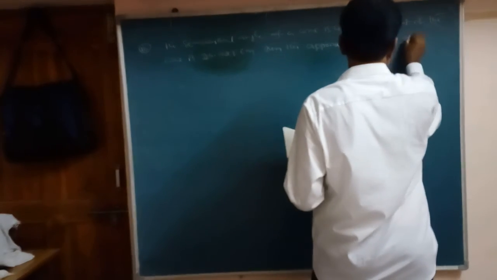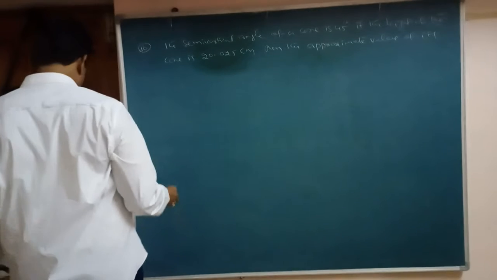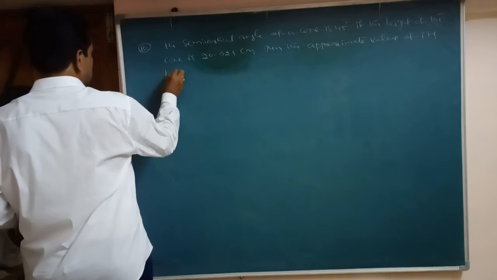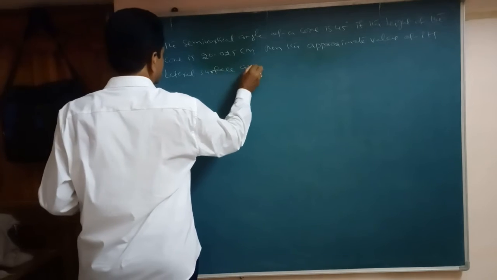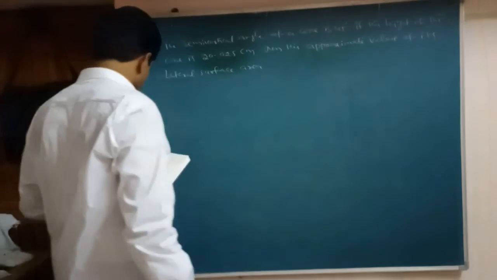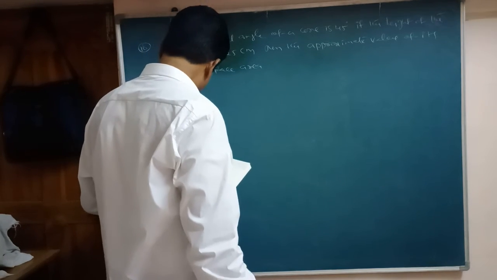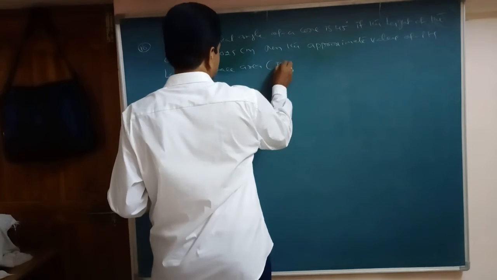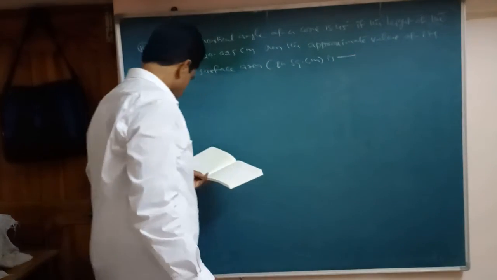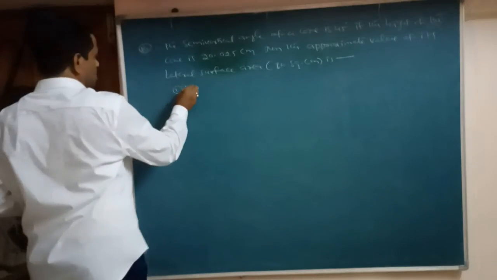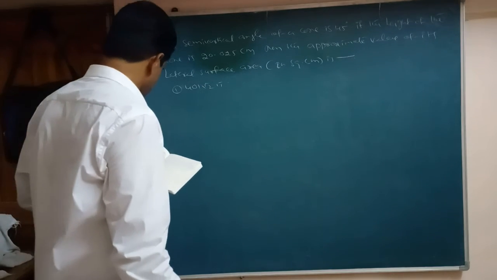lateral surface area in square centimeters is: first option 401 root 2 pi.